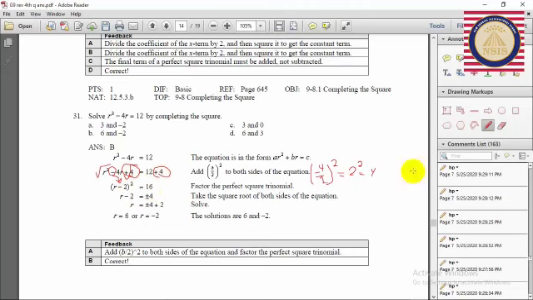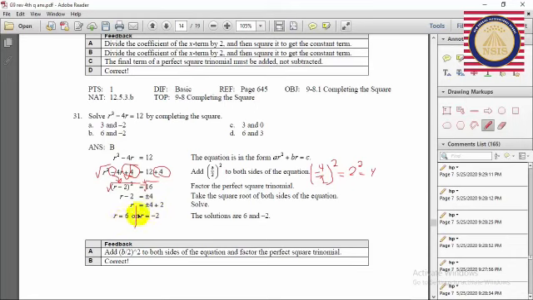Then I'm going to take the square root of the whole bracket, and the plus or minus, don't forget, the square root of 16. So the square root will cancel with the power 2. So r minus 2 equals what? Plus or minus 4. What I'm going to do here with plus or minus 4, I'm going to make it two ways: one was plus and the other was minus.